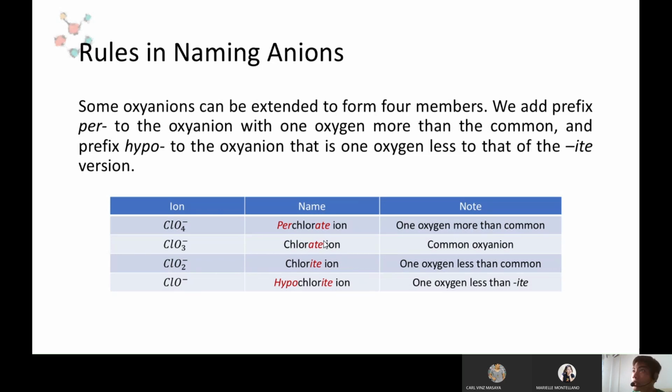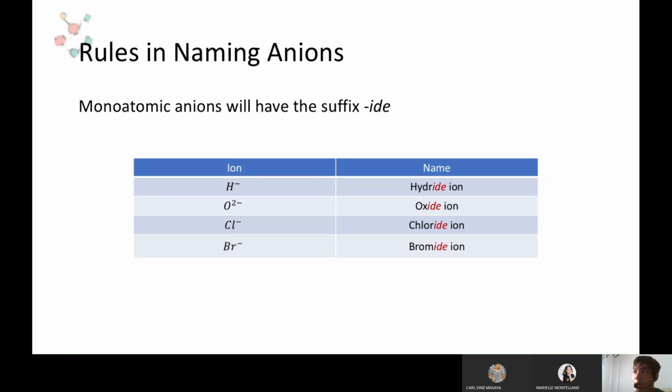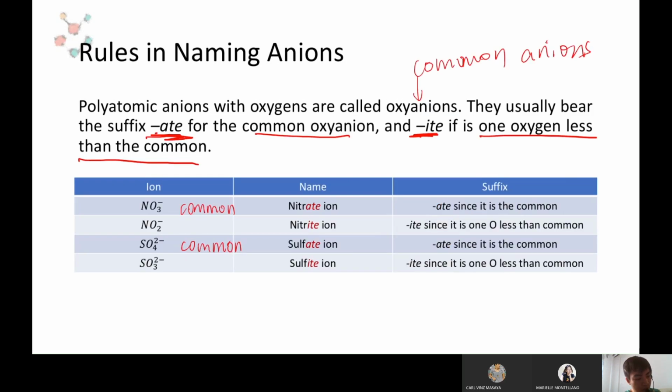Okay. So, tapos na tayo sa oxyanion. Marami pa. Medyo maraming rules dito. Okay? Again, so recall natin yung rule kay anion. Pag monoatomic anion, ang suffix ay ide. Ide yan. Hydrogen, hydride, oxide, chloride, bromide. Okay? So, pag oxyanion naman, kailangan alam natin kung sino yung common.